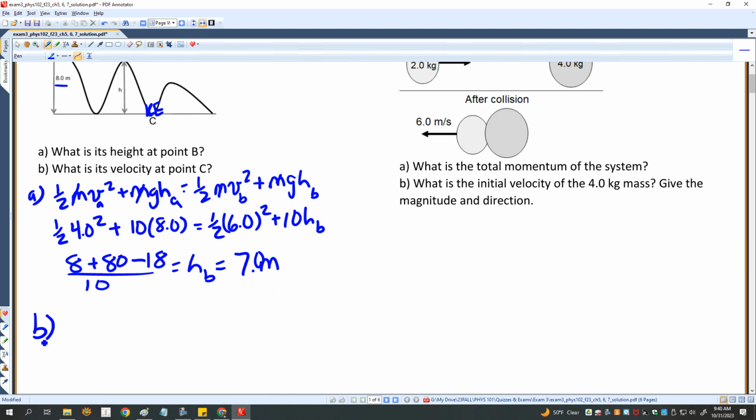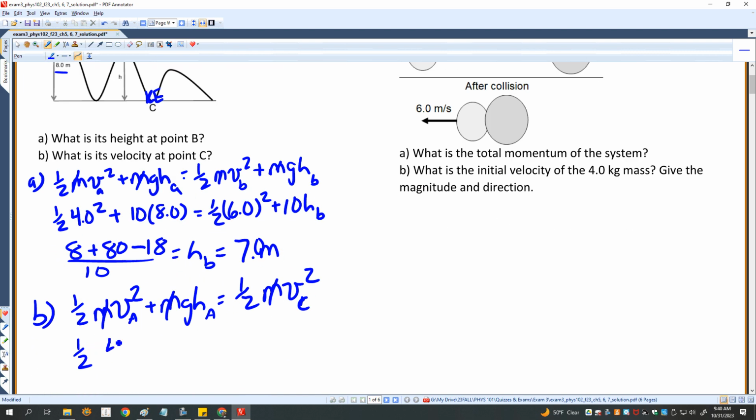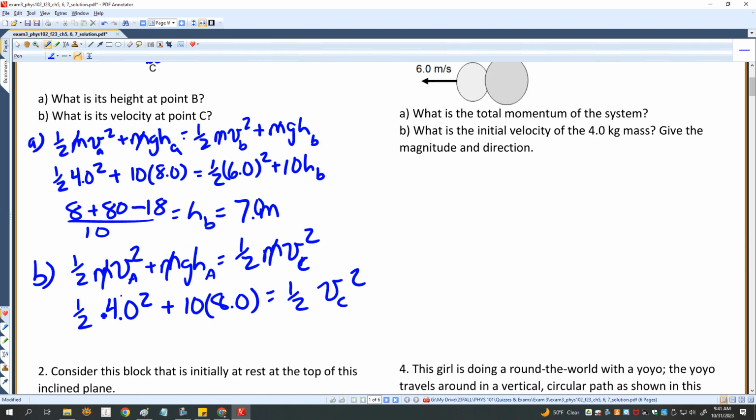It is going faster, so that makes sense. Now, what is the velocity at point C? That's part B. Very similar question. I'm just setting that original energy, 1/2 mva squared plus mgha, equal to the kinetic energy at point C. The masses cancel. 1/2 of 4 squared plus 10 times 8 meters is equal to 1/2 of VC squared. 88 times 2, 176.